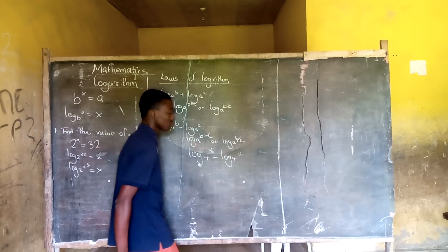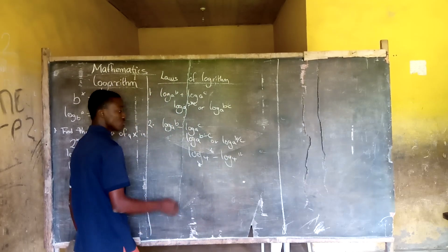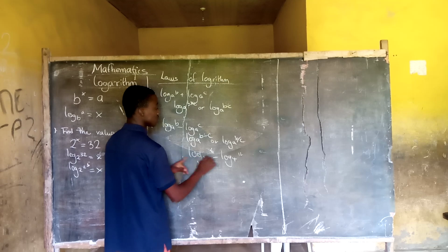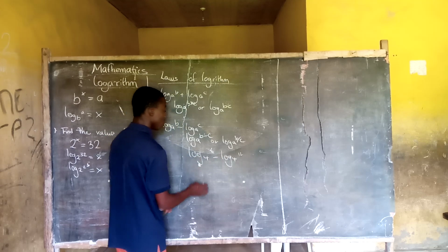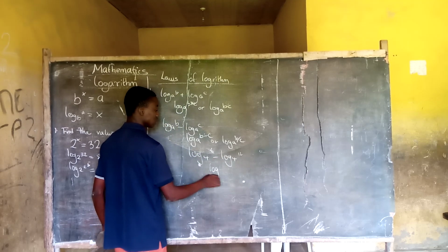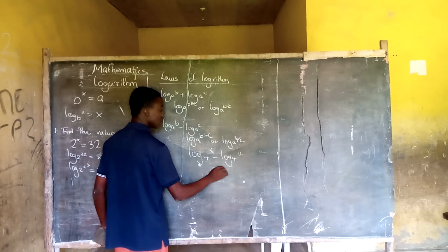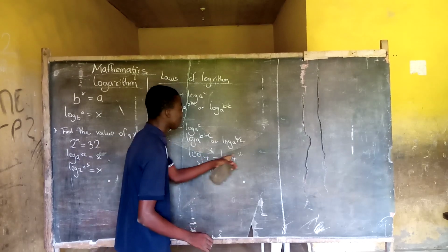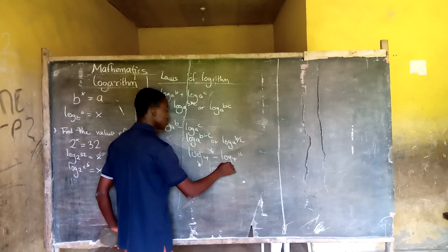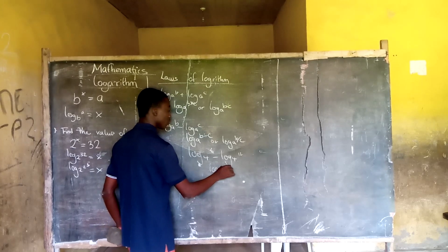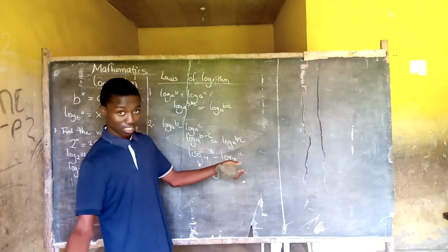Now when you see something like this, remember since the log bases are the same, we take one of the bases and then we divide the powers. It becomes 6 all upon 12, or you write 6 divided by 12, it's the same thing.